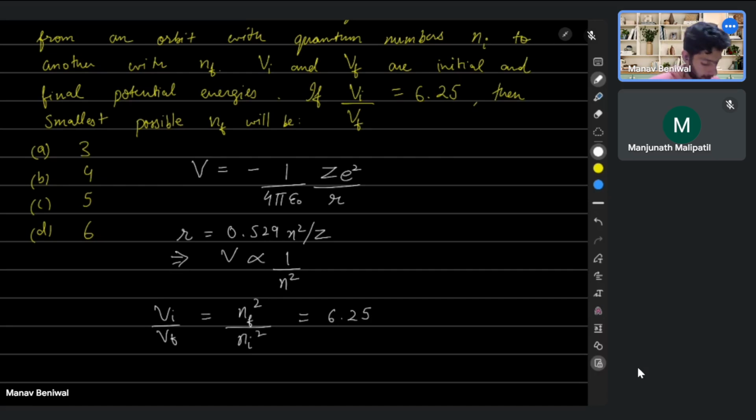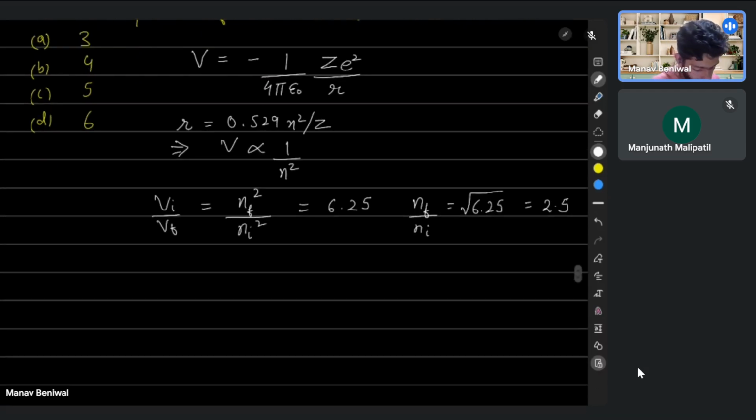If we take the square root on both sides, we get nf over ni equals square root of 6.25, which is simply 2.5. So nf is 2.5 times ni.